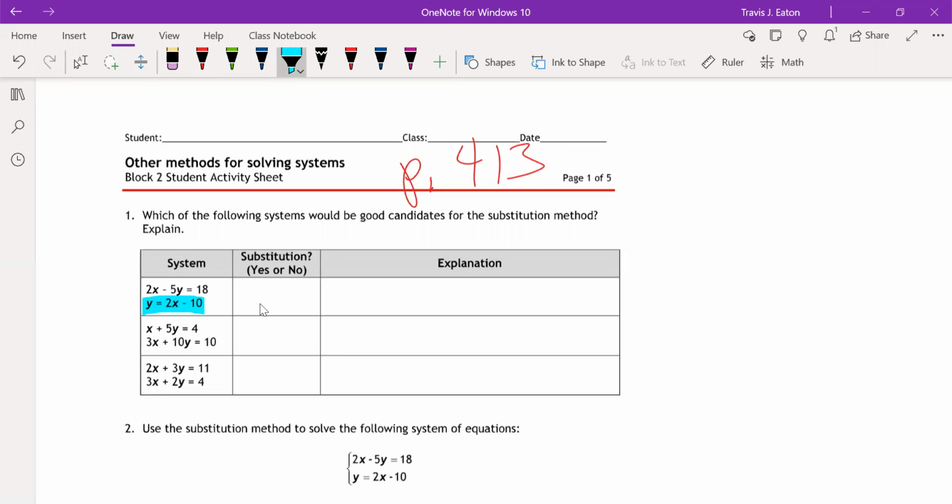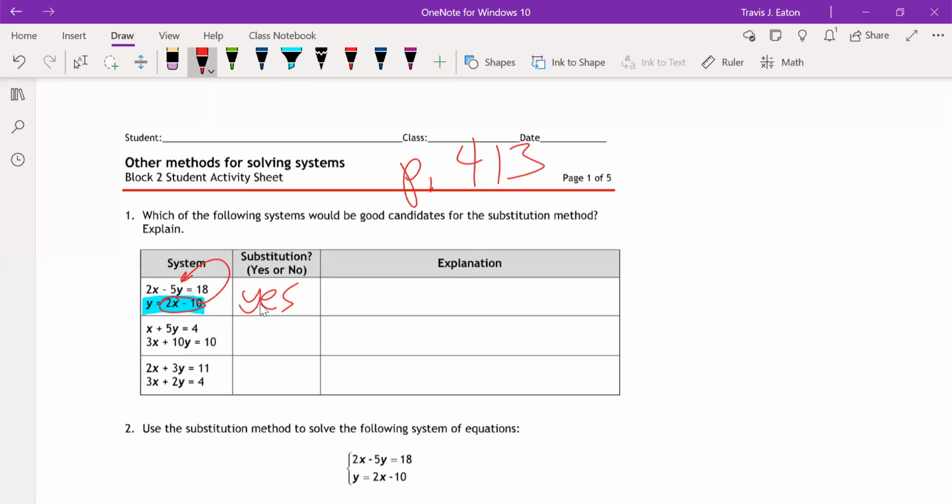So y equals 2x minus 10. It tells you what y is. And so you're like, yeah, absolutely. This is a good system to solve with substitution because we can take that y equals 2x minus 10 and just substitute it for y right there. That makes it super simple.